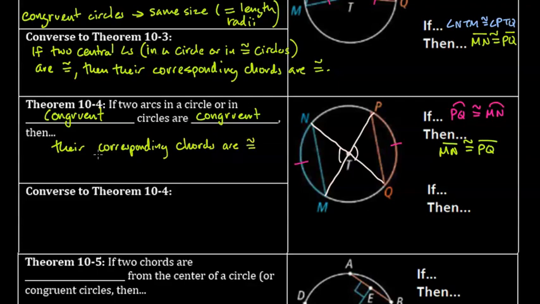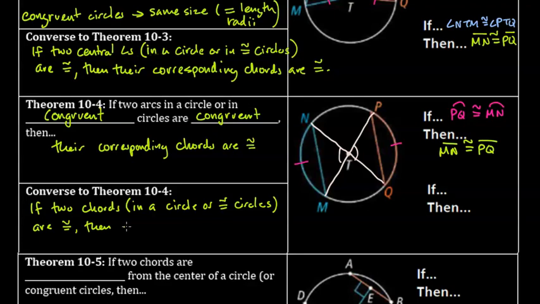So I could reverse what I wrote up here and say if two chords in a circle or congruent circles are congruent, then their corresponding arcs are going to be congruent.